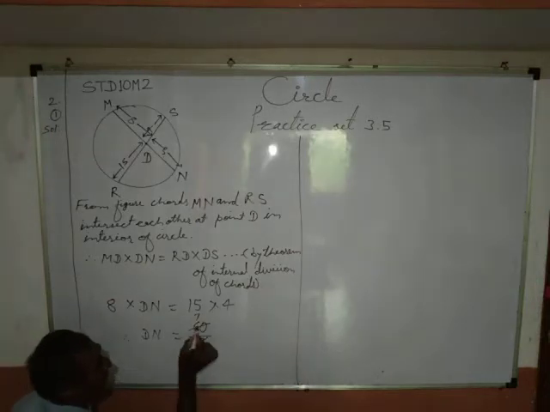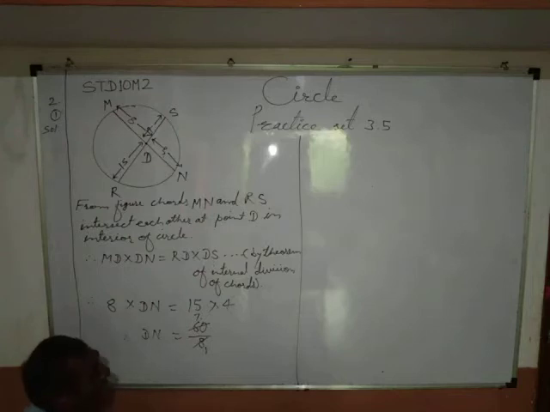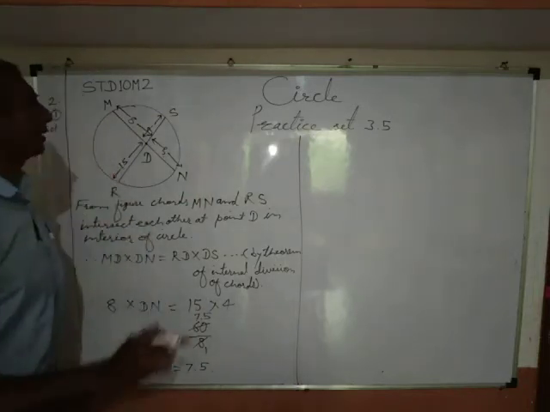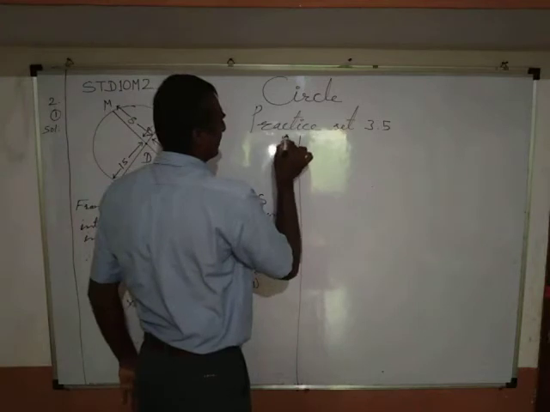There is no digit to take, that's why putting a decimal and by taking 0 we get 40. 8 5s are 40 and therefore DN equals 7.5.